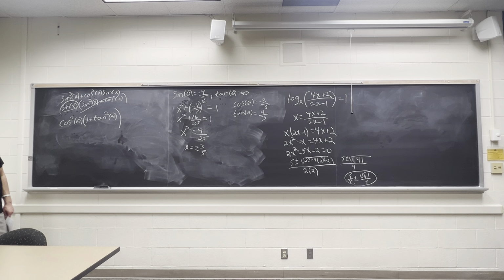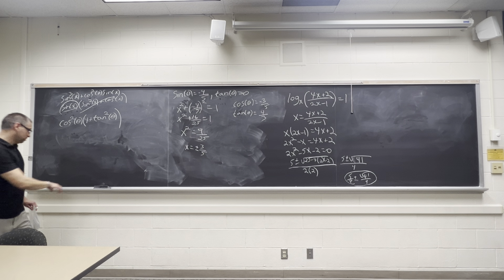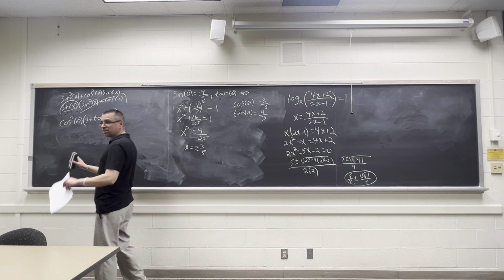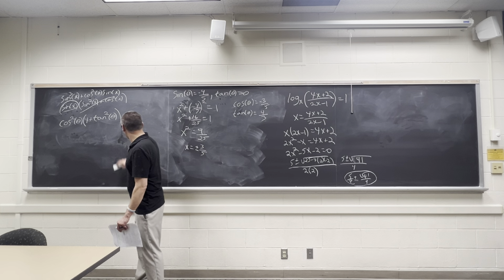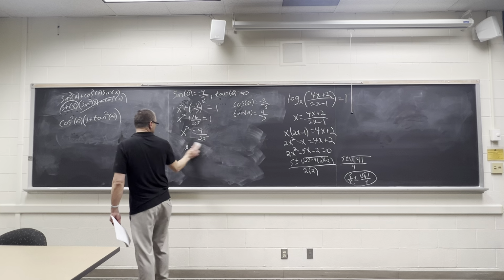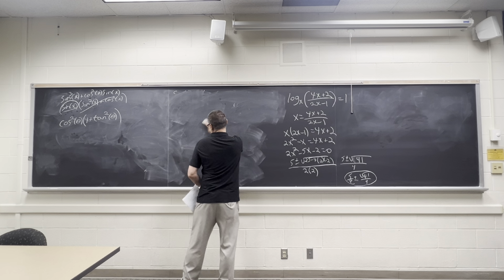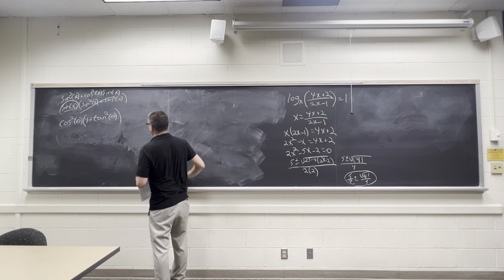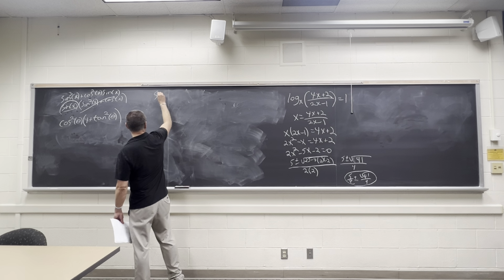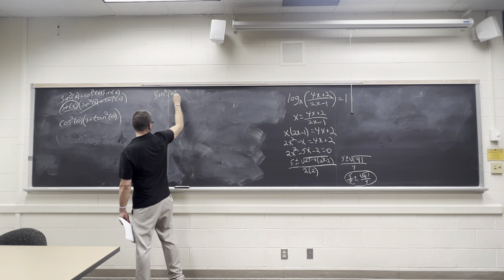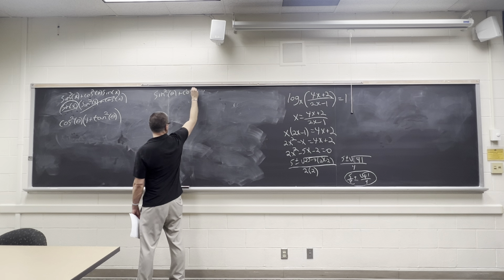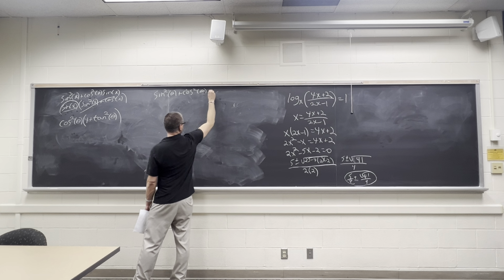Looking at that, whenever you're trying to simplify trig expressions, I would always write down the main identity: sine squared plus cosine squared is 1. So I would write down sine squared of theta plus cosine squared of theta is equal to 1.